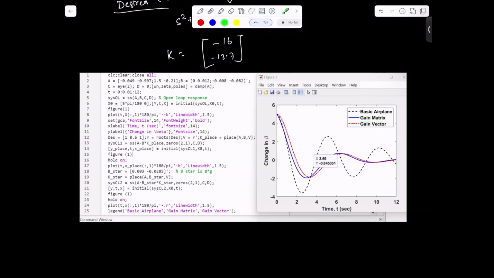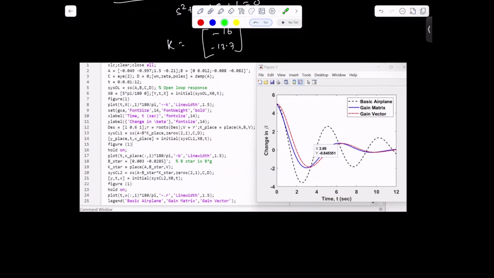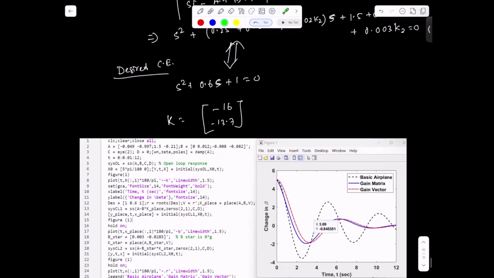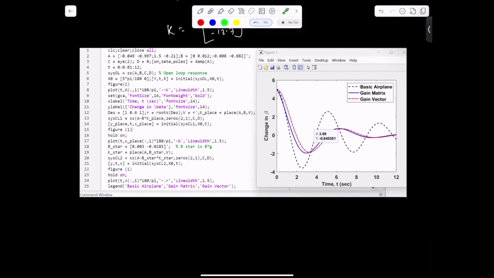So if you notice here, we can see that the system goes to the zero equilibrium point, and this is the whole code what we have done here. The same thing we have done in MATLAB. So you can go through the details.